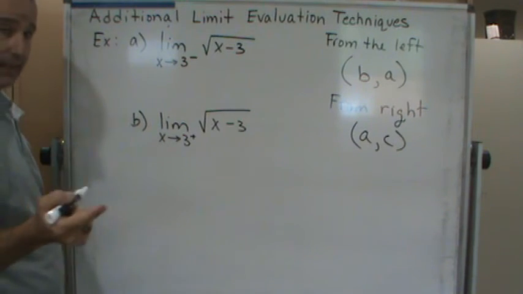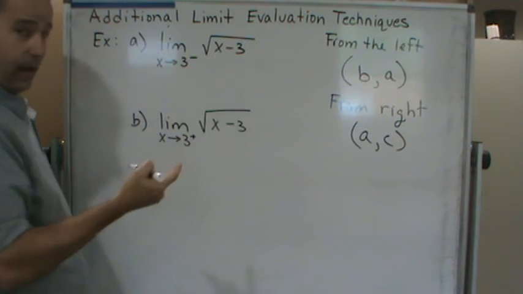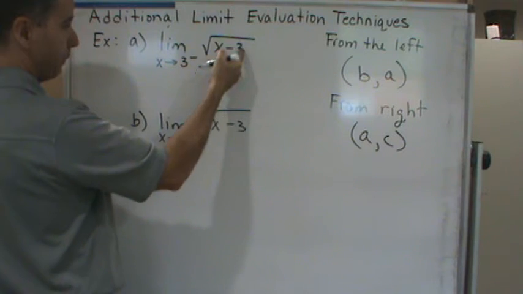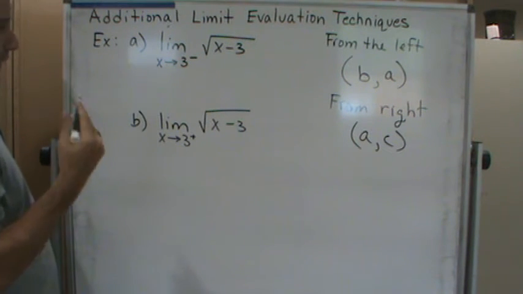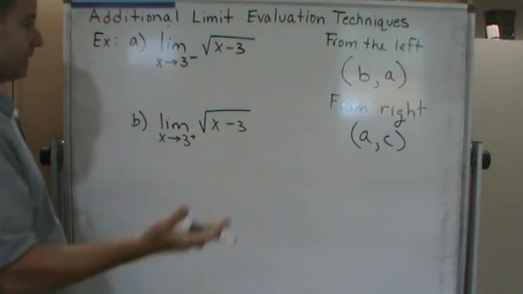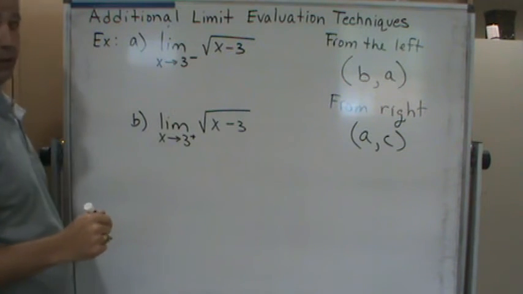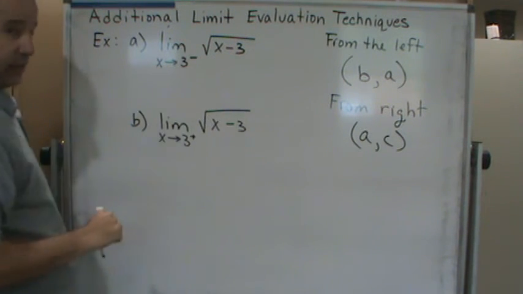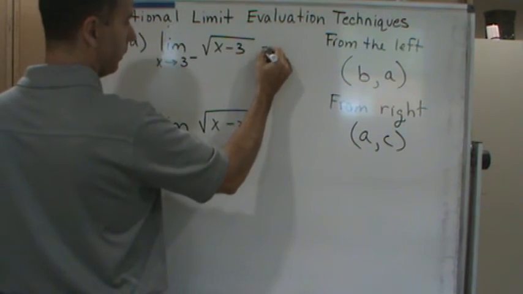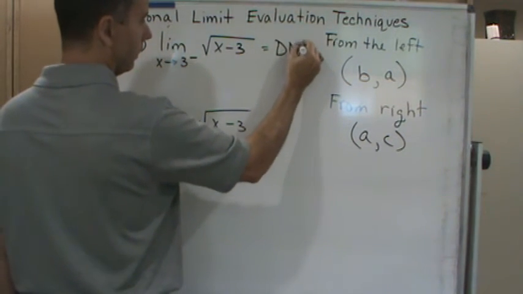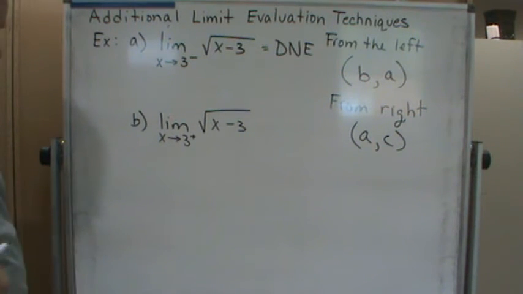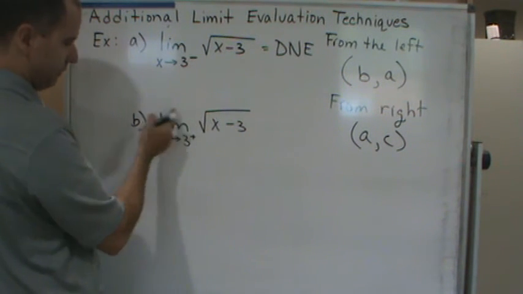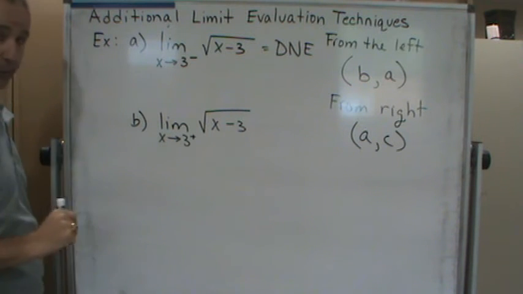So that means this is undefined, because you cannot put negative numbers under the radical, okay? So because you can't do that, since this is not defined for values that are less than 3, the limit does not exist.